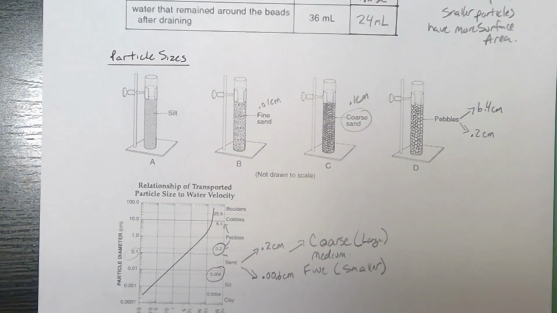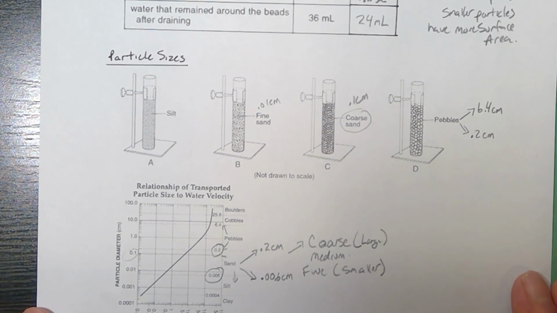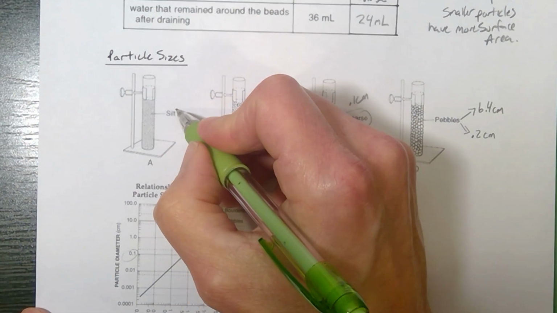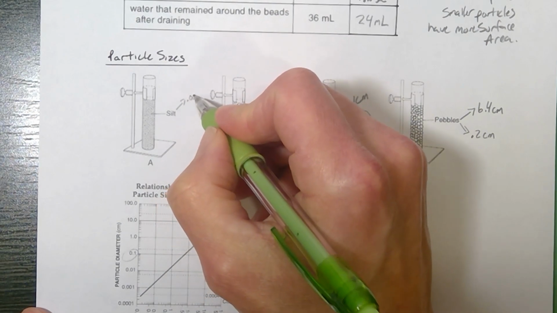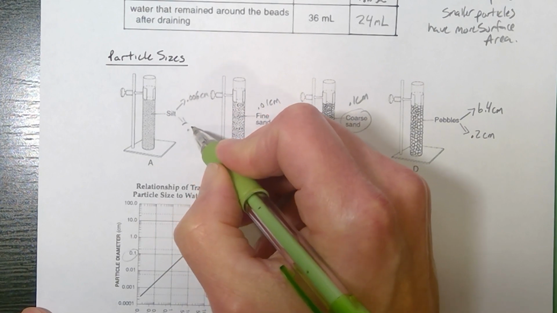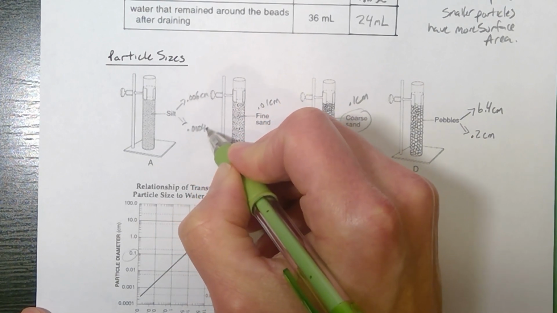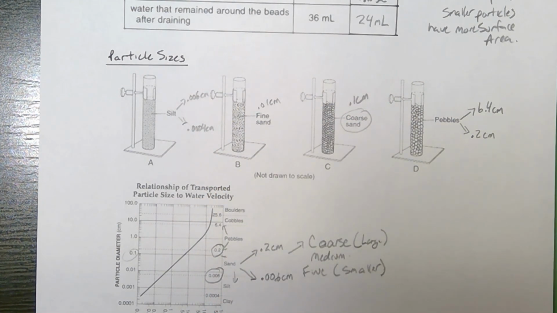Now, looking smaller than sand, what you get is silt. Silt is really tiny, fine particles. Silt has to be from 0.006 centimeters all the way down to 0.0004 centimeters. You don't have to memorize those numbers because they're given to you right on this chart.